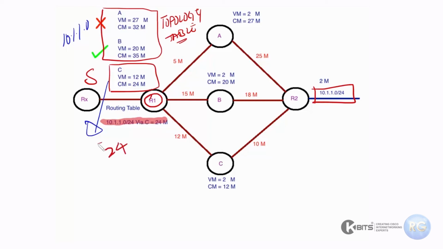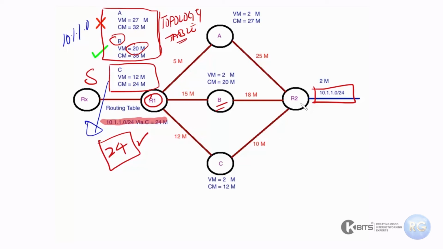The number is 24. It compares its best metric against the remaining routes in the topology table. Okay, what is its best metric? 24. What did B send it as his vector metric? What is B's cost to the destination? 20.